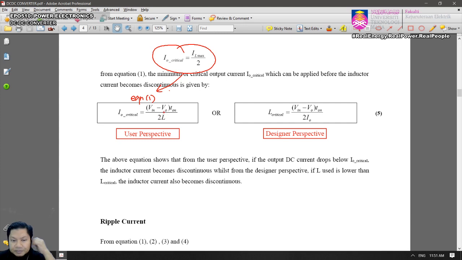So what does it mean? If you buy a DC-DC buck converter, then you already know that the circuit has the size of inductor already designed, so you just use that buck converter.